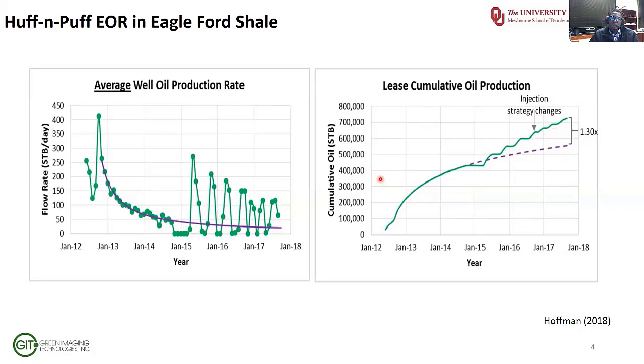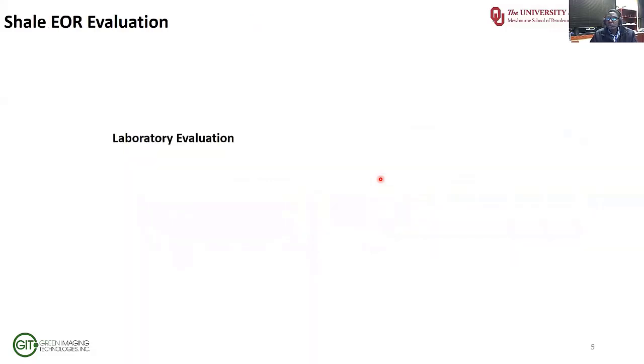And so once it comes to the evaluation process, the first thing that we generally do is a laboratory evaluation, right? And this lab evaluation is done in order to understand operational parameters such as soaking time, injection pressure, gas type, and also to identify the recovery mechanism. Try to understand what will be these recovery mechanisms that will be driving this fluid recovery process.